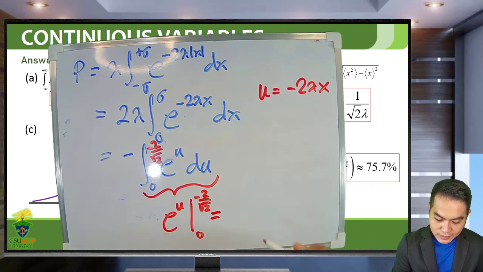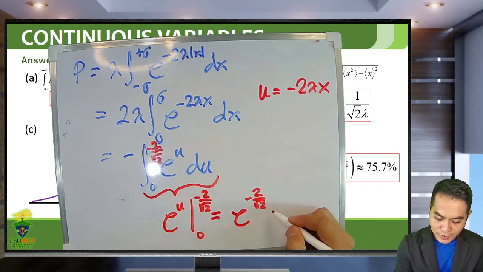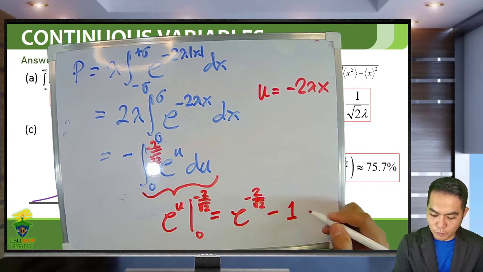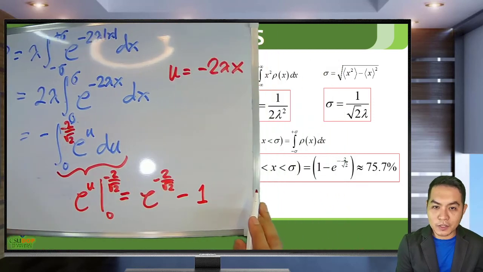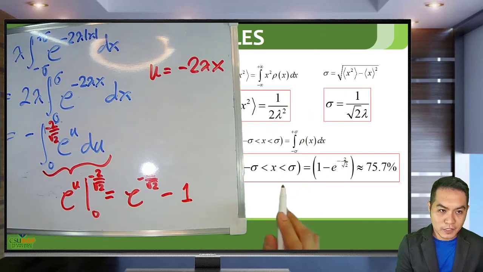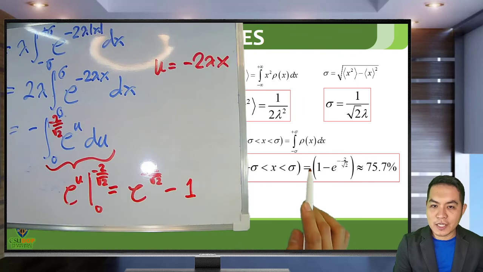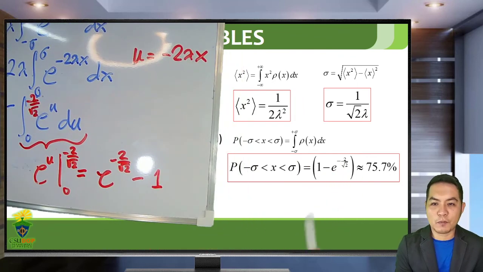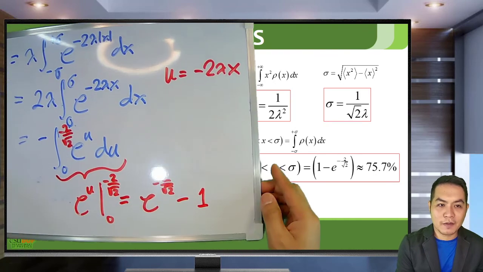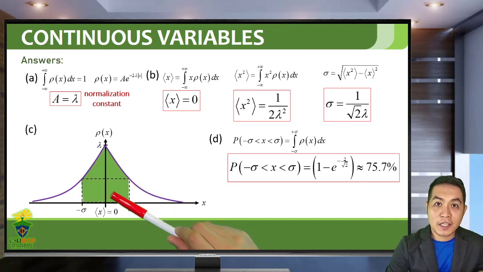Evaluating this gives us e to the negative 2 over square root of 2 minus e to the 0, which is just 1. Since there's a negative sign here, the probability is 1 minus e to the negative 2 over square root of 2, which is approximately 75.7%. That is the area of this shaded region.